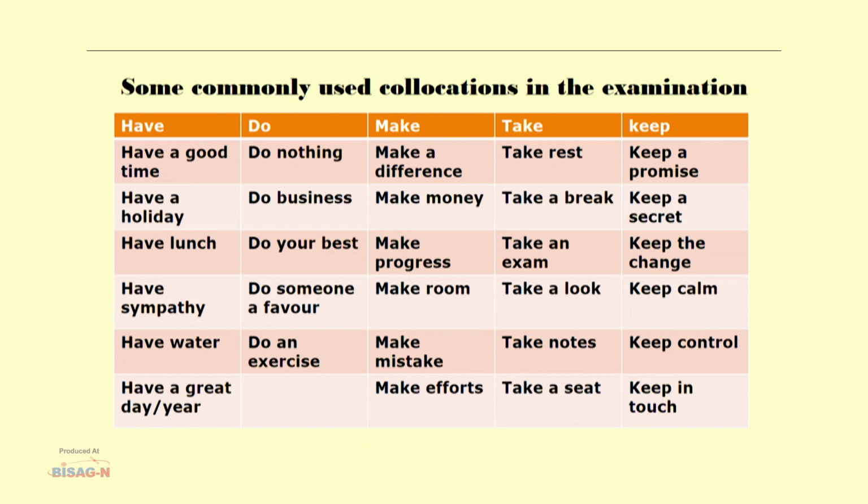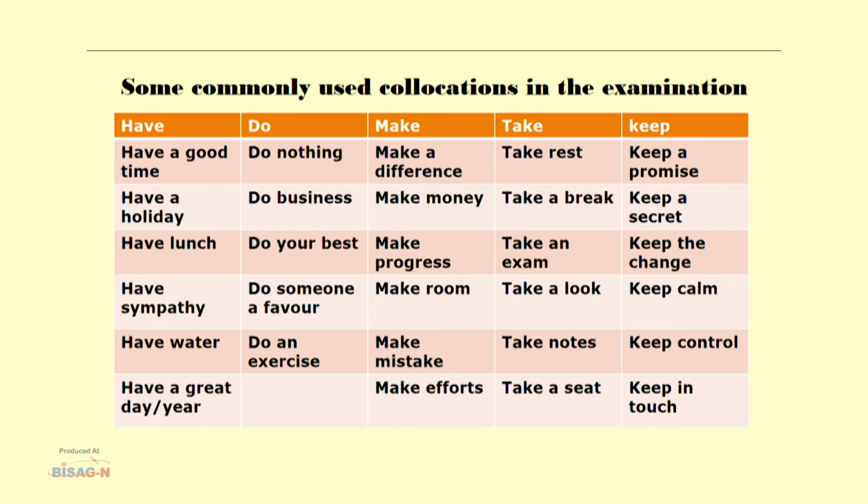Do nothing, do a business, do your best, and then do someone a favor, do an exercise. That's again a collocation. You see the same collocations with the other verbs like make, take and keep. So it says make a difference, make money, make progress, make room, make mistake.